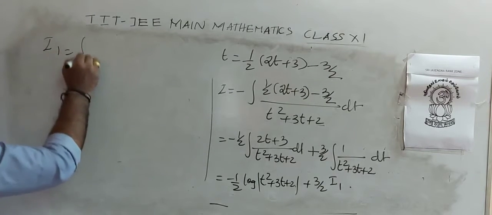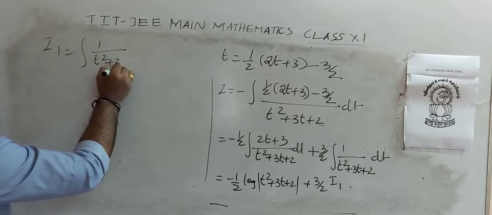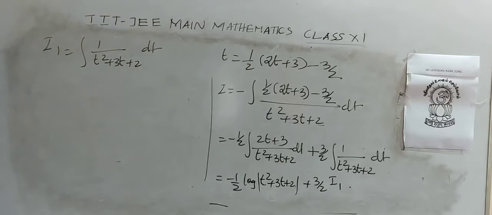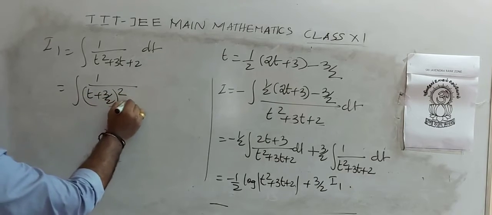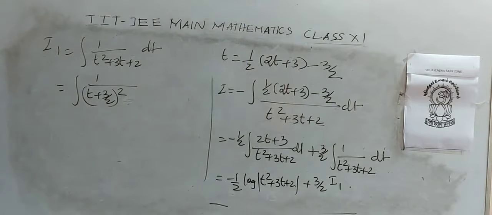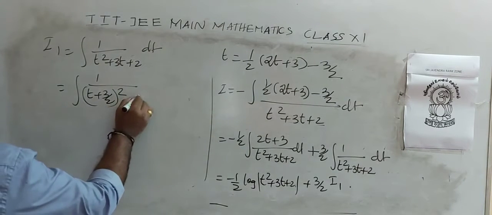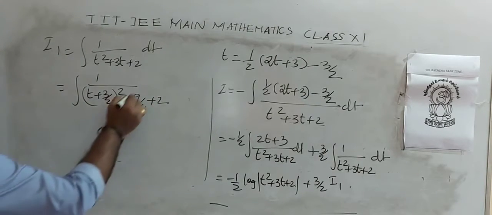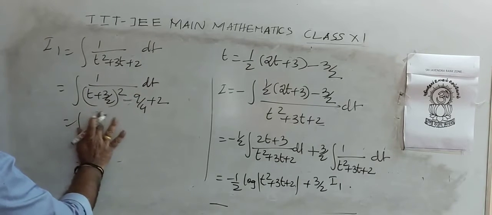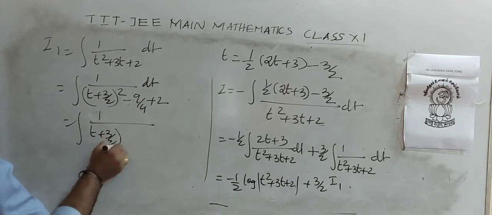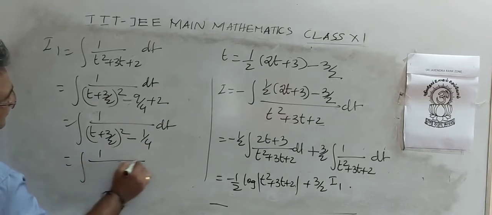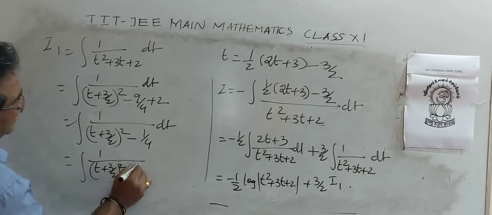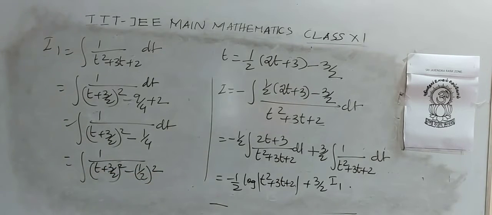You take I1, integral 1 by t squared plus 3t plus 2 into dt, 1 by t plus 3 by 2 whole square plus 9 by 4 plus 2 into dt, 1 by t plus 3 by 2 whole square minus 1 by 4 dt, t plus 3 by 2 the whole square minus 1 by 2 the whole square.